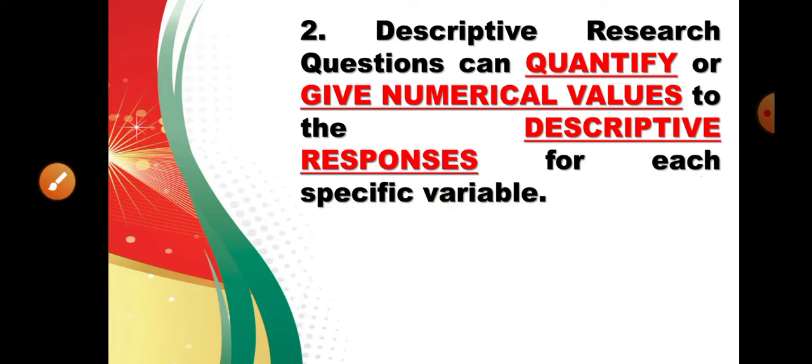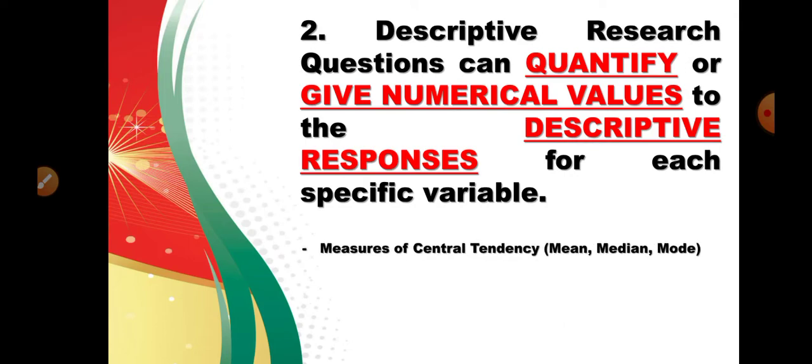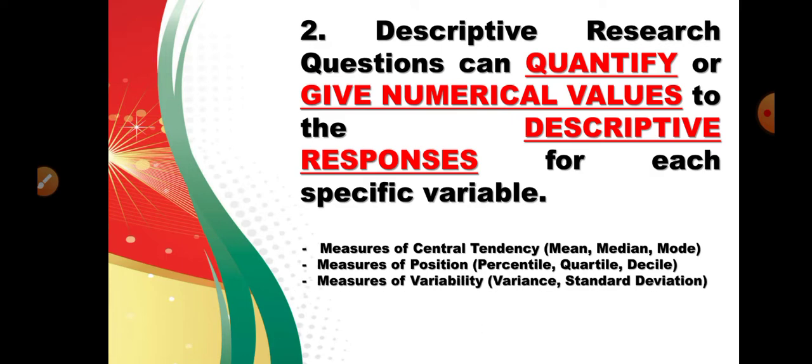So what are exactly the examples of our descriptive statistical treatments? The responses for each specific variable can be quantified and analyzed with the use of the following: the measures of central tendency, the mean, median, and mode; the measures of position, percentile, quartile, decile; measures of variability, variance and standard deviation; percentages; and frequency.